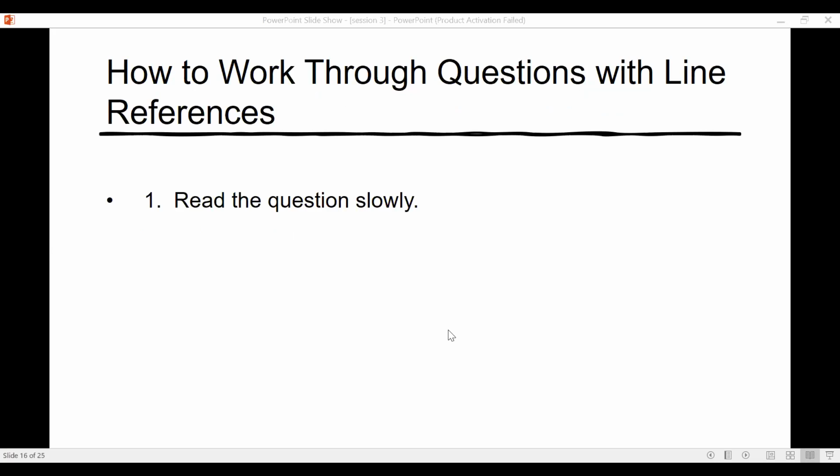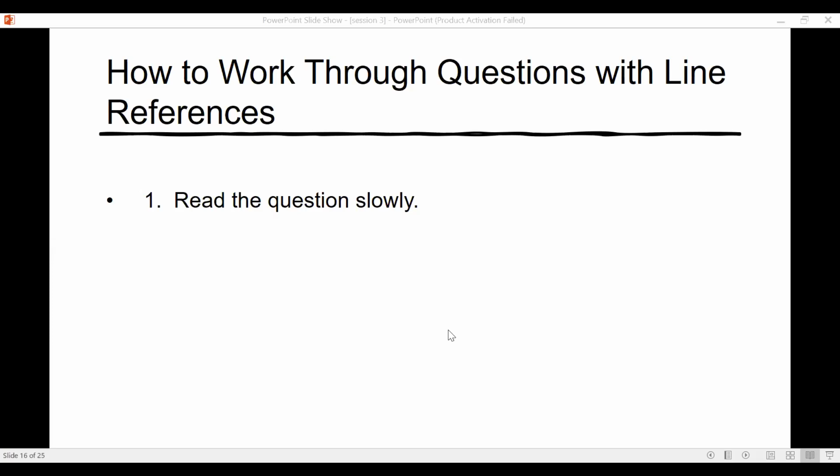First of all, read the question slowly. You need to read the question slowly because you need to consider each single word in the heading of the question. Okay, and this is not for this question type only. This is for all the types of questions. Read the question slowly.